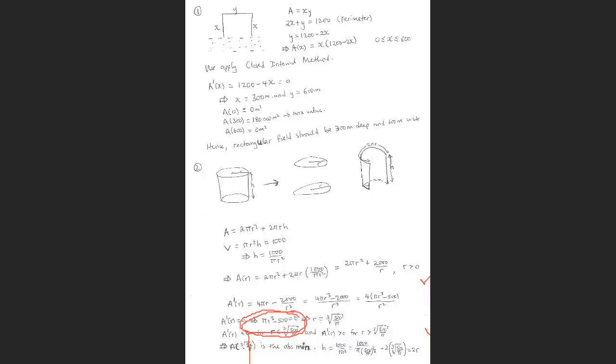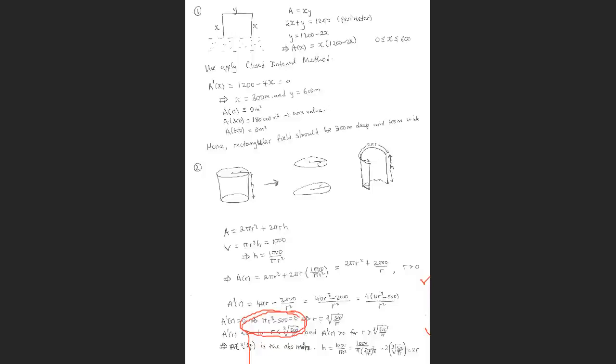So you just want r to be greater than 0. Keep in mind, this is not a closed interval, which means we're not applying the closed interval method here. So be very careful. This is an example where we're still solving an optimization problem, but we're not using the closed interval method. I hope that makes sense.